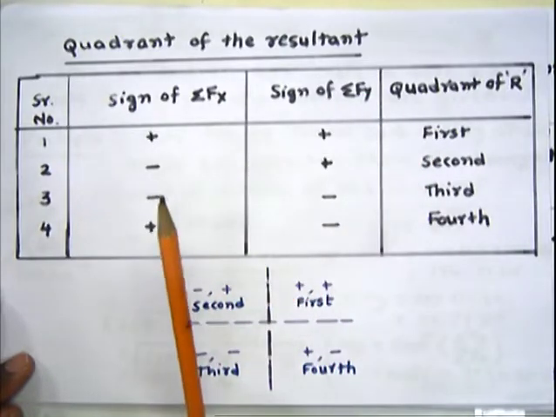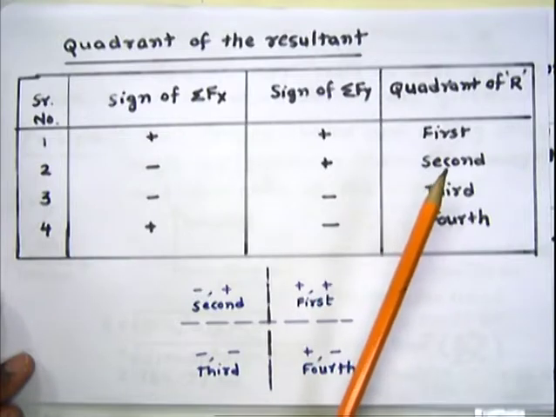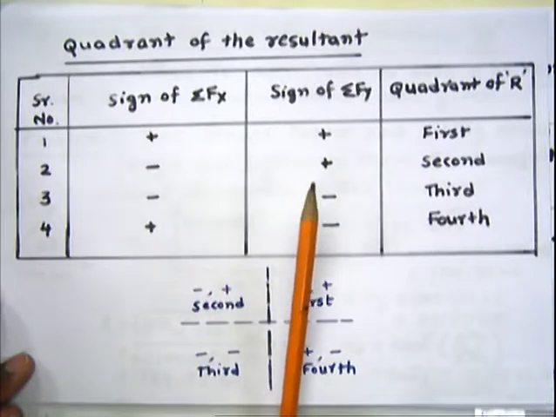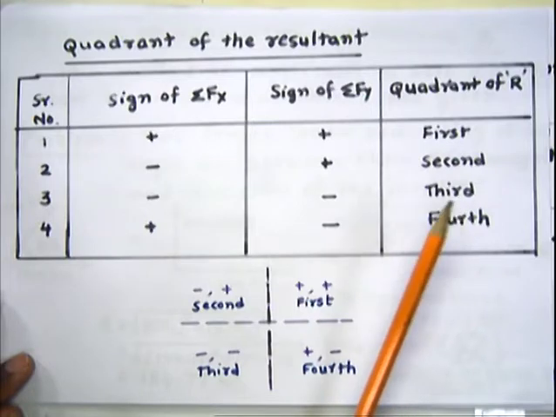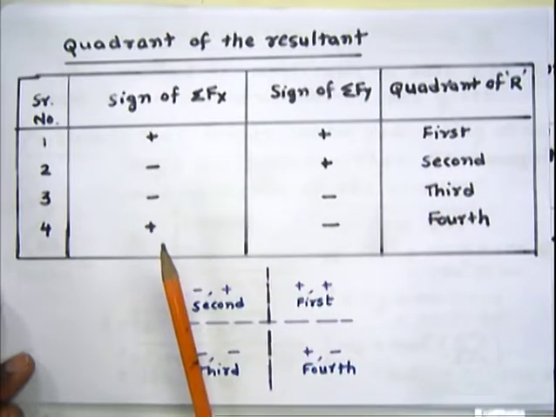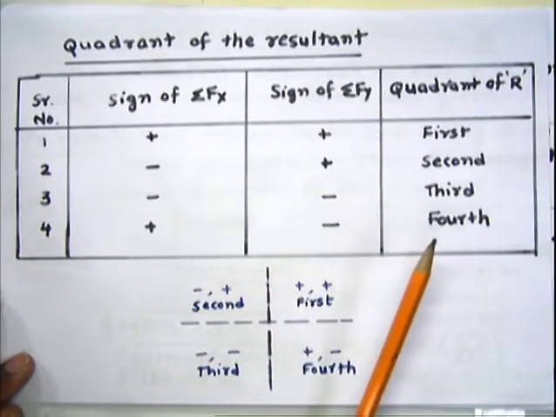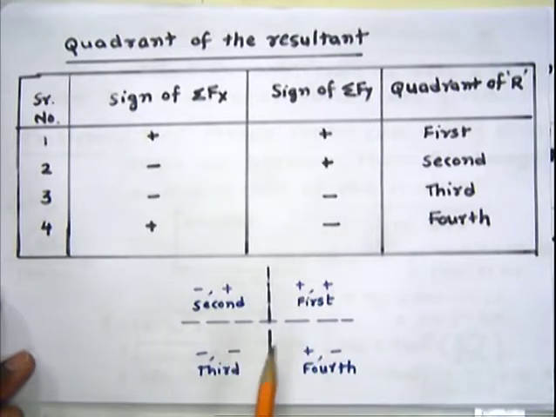Say the sign of sigma Fx is minus and sigma Fy is plus, then the resultant would be falling in the second quadrant. Say sigma Fx minus and sigma Fy also minus, then the resultant will be falling in the third quadrant. Say the sign of sigma Fx is plus and the sign of sigma Fy is minus, then it is coming in the fourth quadrant. So we can show here by means of quadrants. Both signs plus, that is sigma Fx plus and sigma Fy plus, is known as the first quadrant.